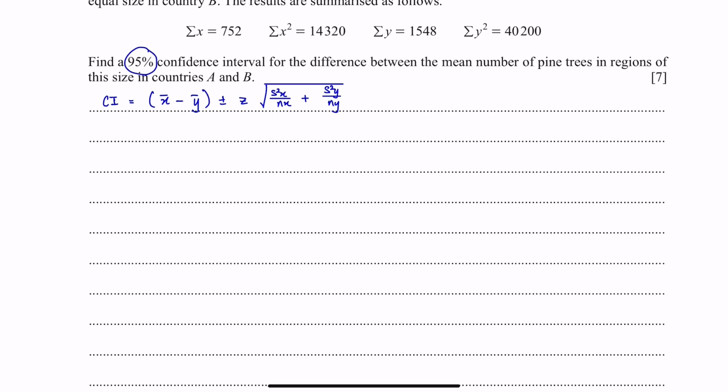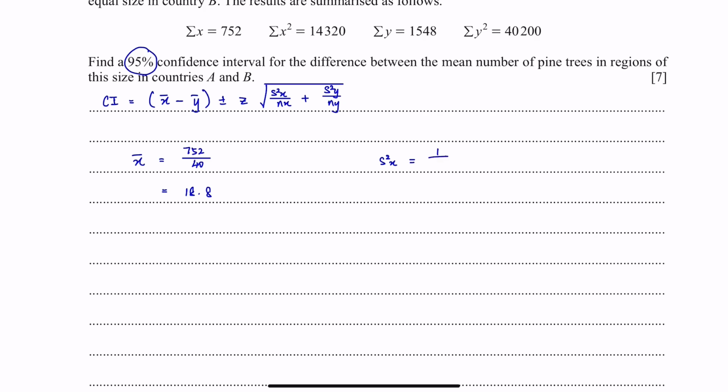Alright, so first thing, let's find the mean of x. It will be the sum of x divided by the number, which is 40. And this would give us 18.8. As for the estimate of variance of x, we call it s squared.